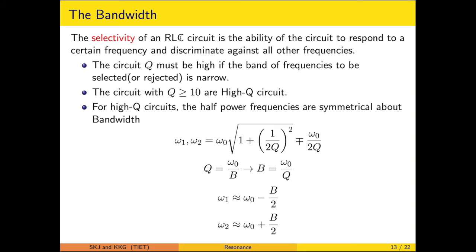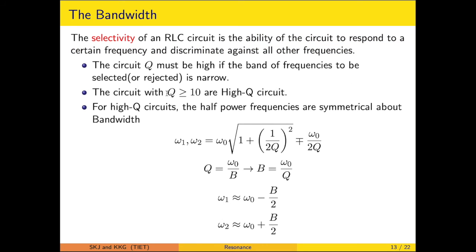The selectivity of the RLC circuit is the ability of the circuit to respond to a certain frequency, or to discriminate against all other frequencies. So when we are interested in selecting a narrow band of frequencies, then the circuit Q must be high.